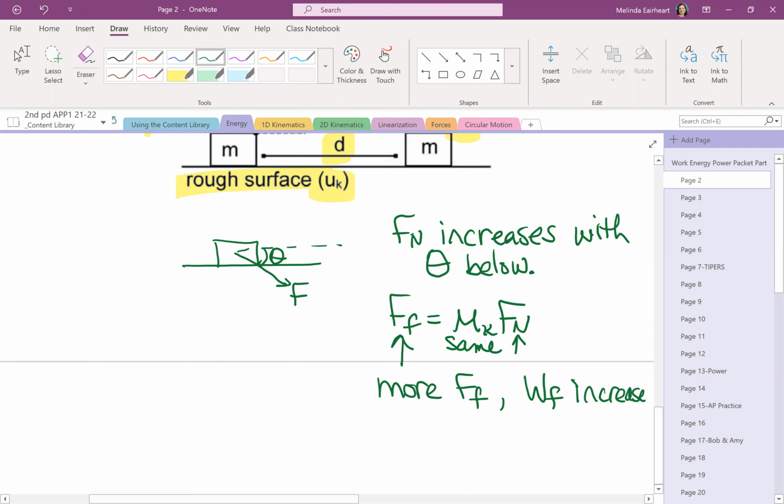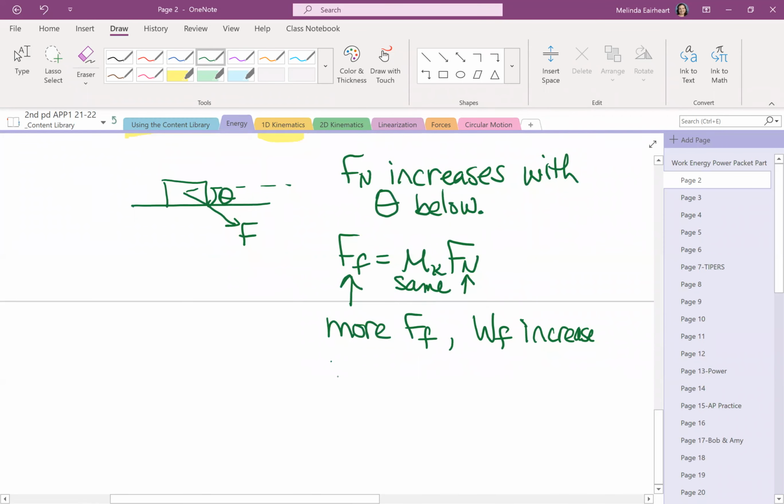Notice I'm taking it to the work terms. Technically, you could answer this without work and energy. But if the work done by friction is increasing, but the work done by the applied is the same, then what's going to happen to your kinetic energy?